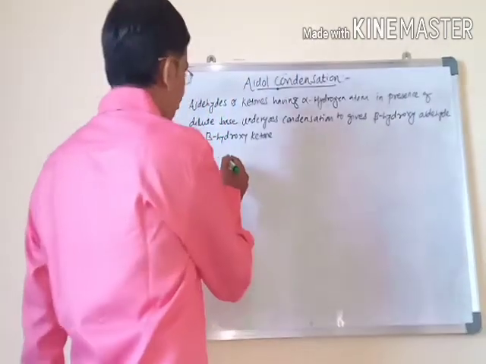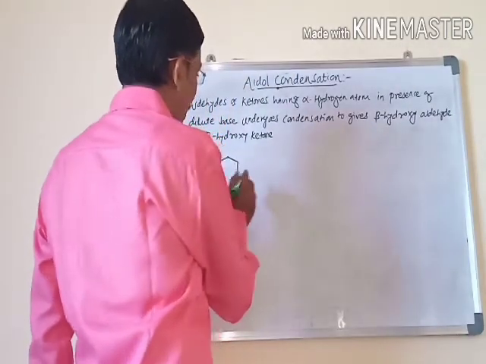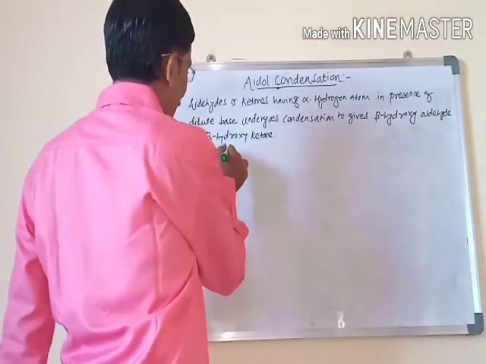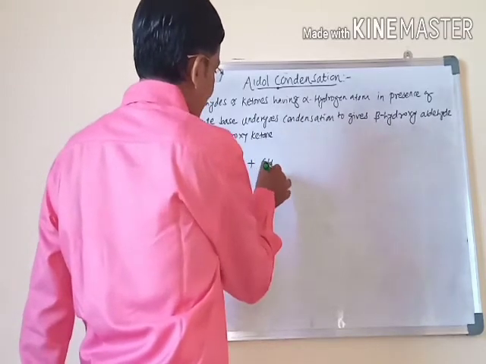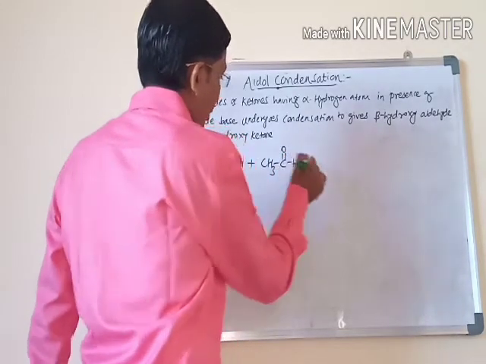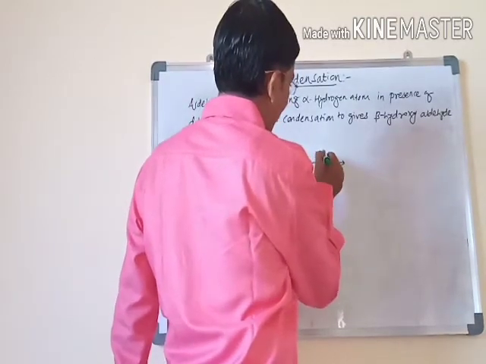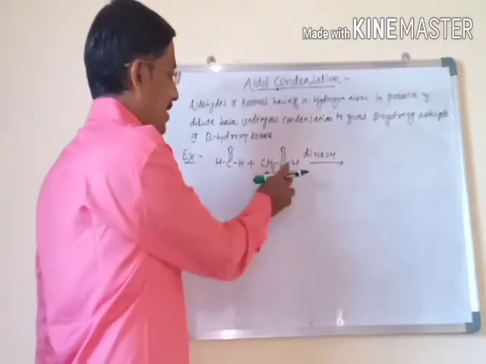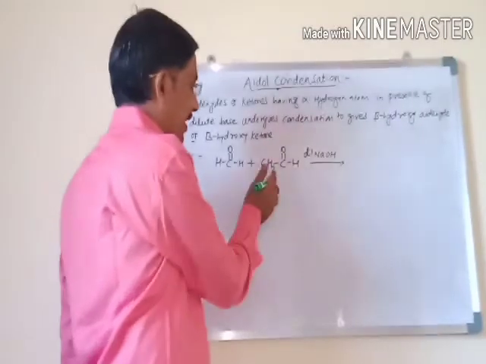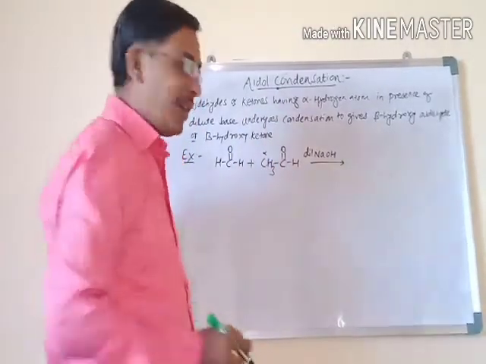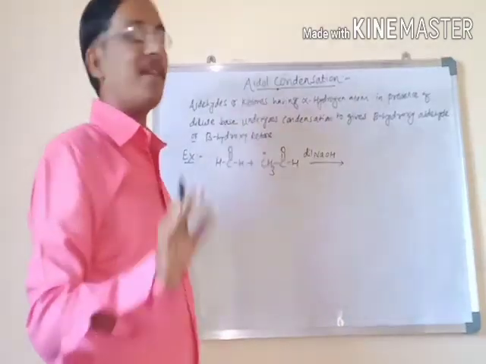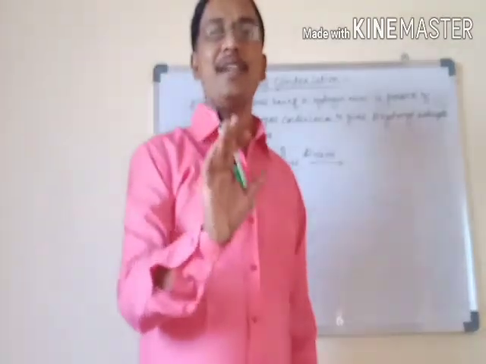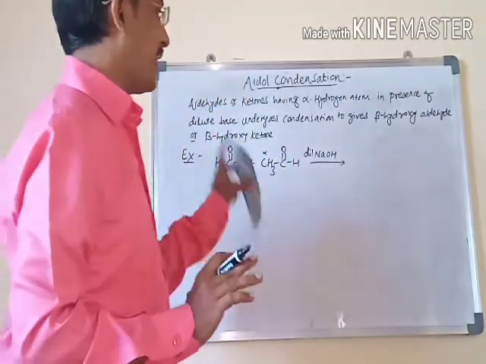If you take formaldehyde HCHO plus acetaldehyde CH3CHO in the presence of dilute NaOH, it undergoes condensation. Acetaldehyde has the alpha hydrogen atom, but formaldehyde has no alpha hydrogen atom. As I said, out of two, at least one must contain the alpha hydrogen atom; then and only then the reaction will occur.